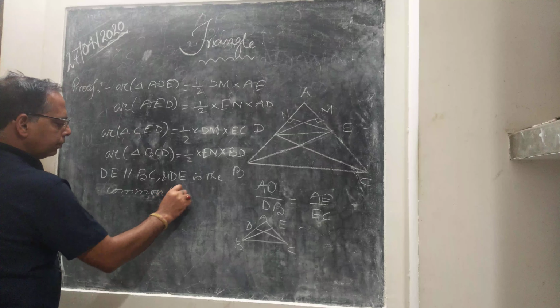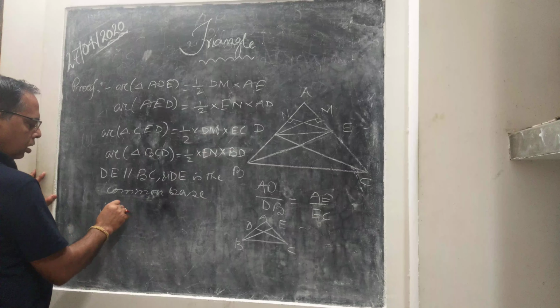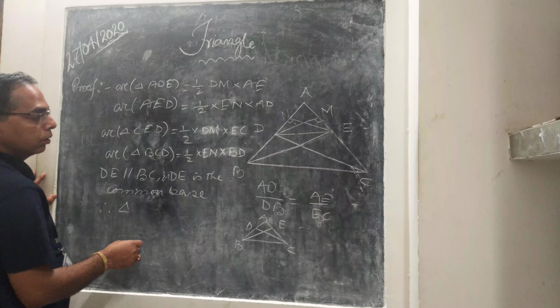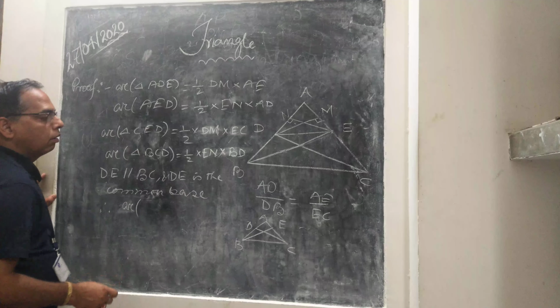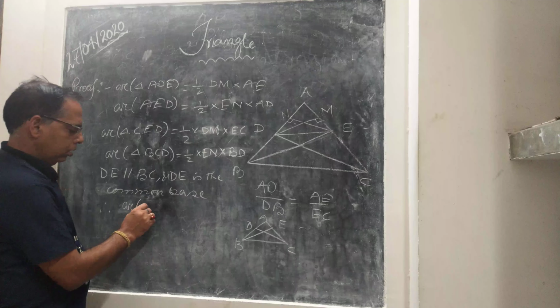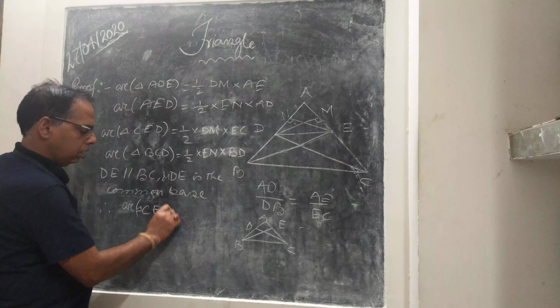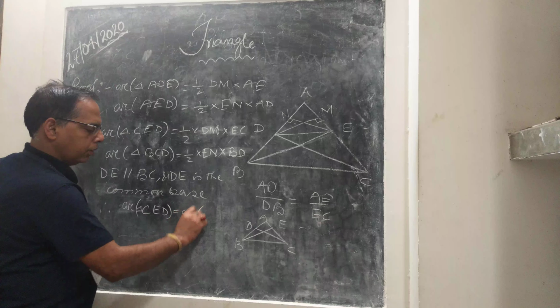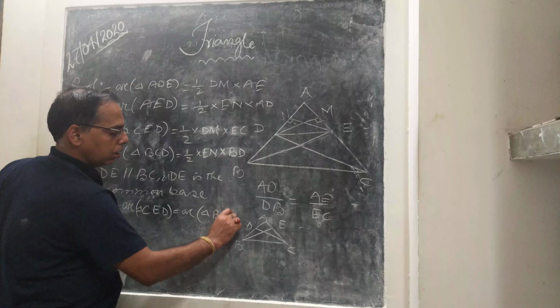Therefore, area of triangle CED equal to area of triangle BDE.